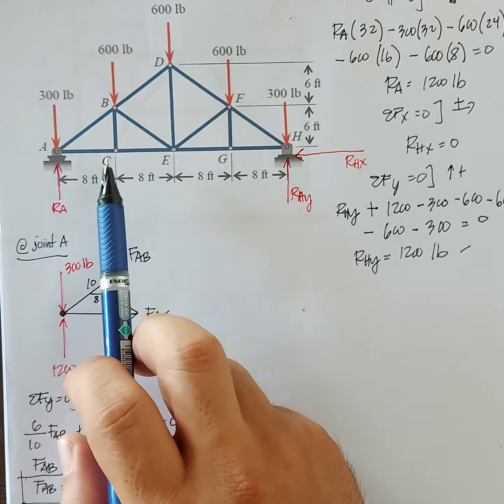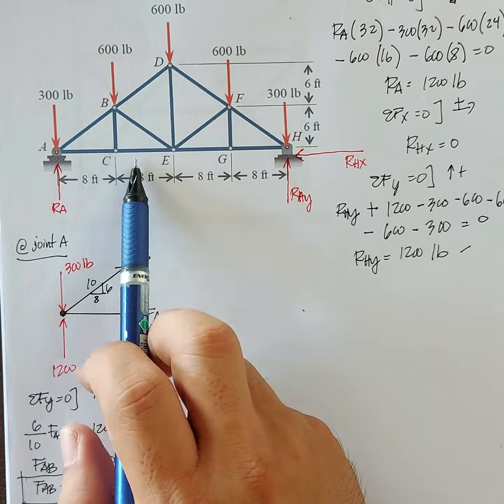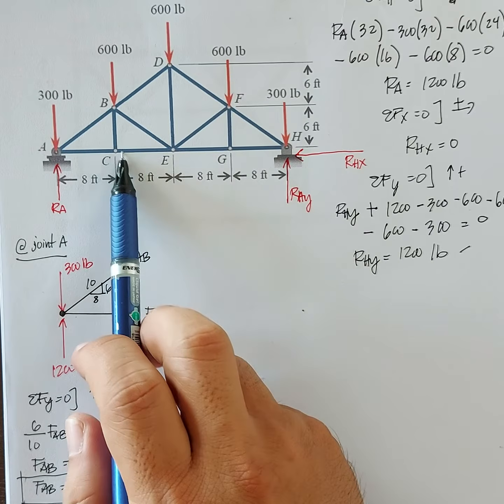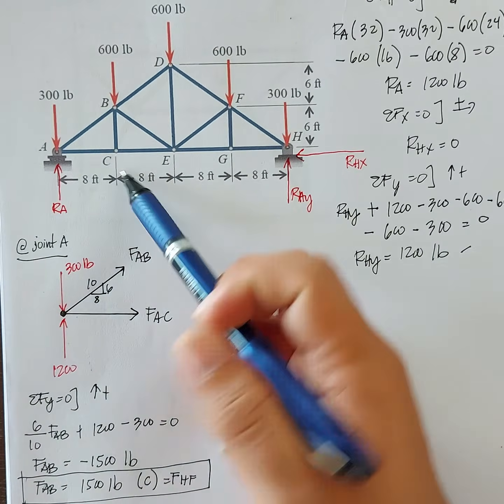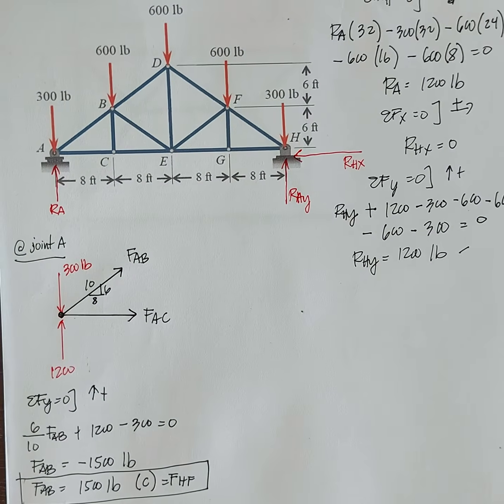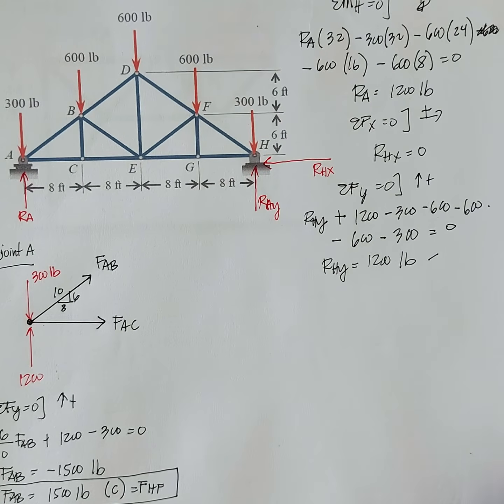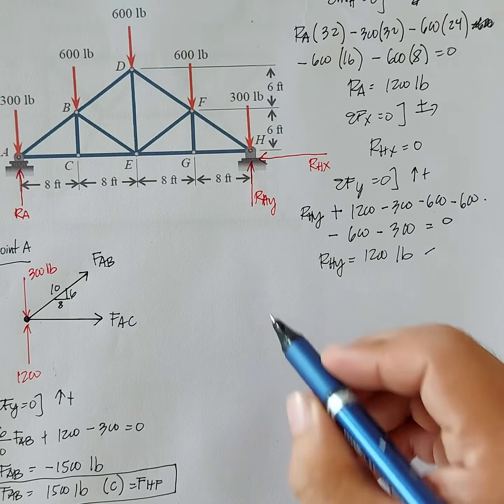Nasolve na natin yung FAC kanina. Now, meron pang dalawa na lang yung bar forces dito na unknown. So, doon tayo pumunta sa joint C. Okay? So, at joint C, let's draw the free body diagram.